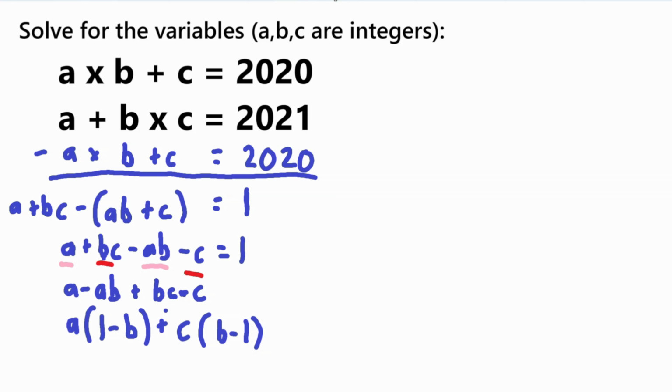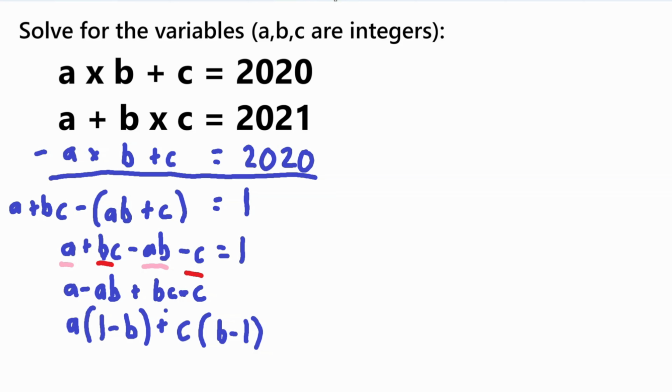Normally if the parentheses are the same, we can merge them together and factor them out. But here's a 1 minus b, here's a b minus 1. They are not the exact same, however, they do look similar. So what can we do to make these the same? We can factor out a negative 1.